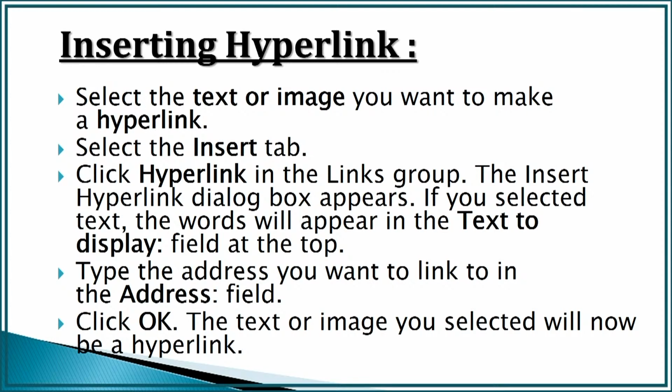The Insert Hyperlink dialog box appears, and we select the Text to display field at the top, what we want to display, and then type the address we want to link to. That address can be some other website on the internet, some other document, or some place in the present document. Then we click OK. In this way we will be able to create a hyperlink in our document.